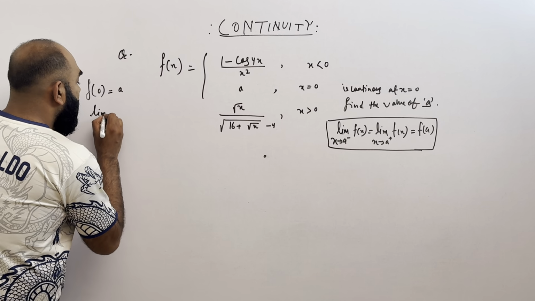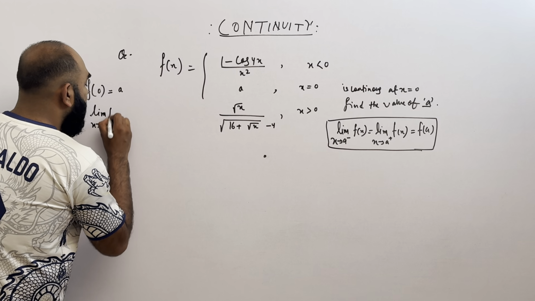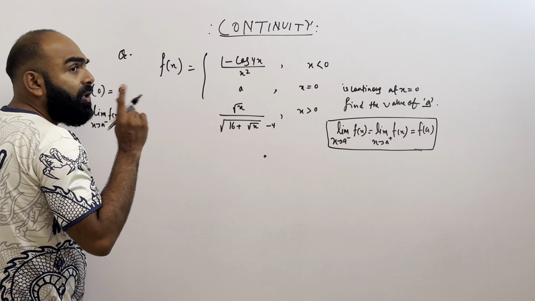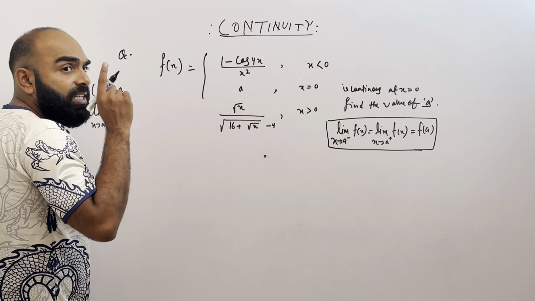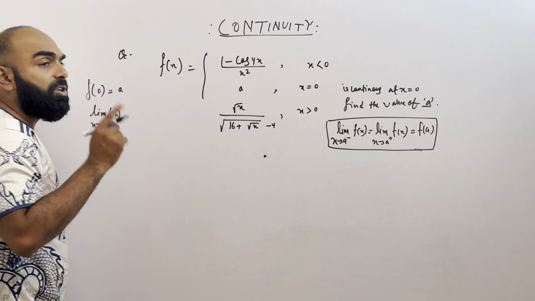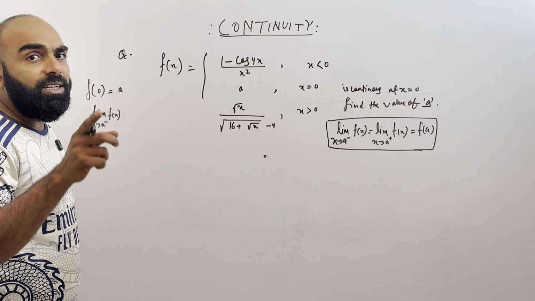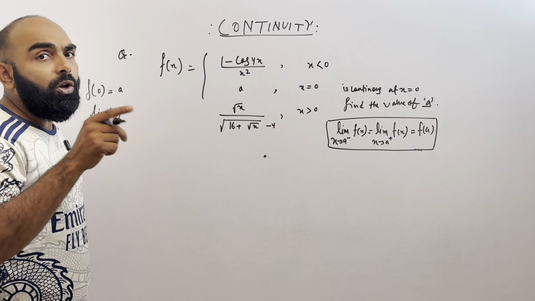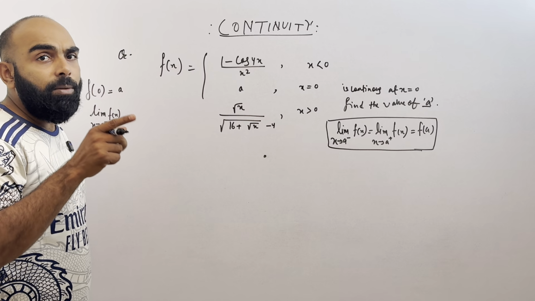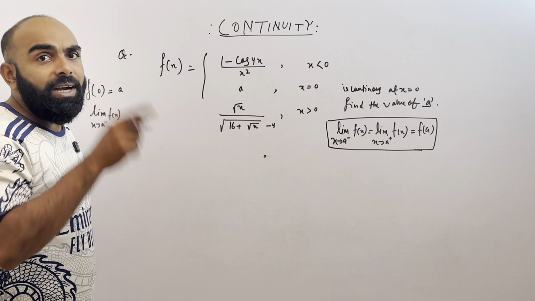Limit x tends to a minus f of x is equal to, I told you how to write. I have also discussed how you have to write in the board examination, because in the board examination step marking will also be given to you. Understand? So it's very important not only to solve the numericals, but also to solve in a particular pattern.